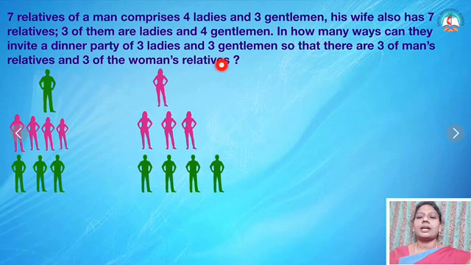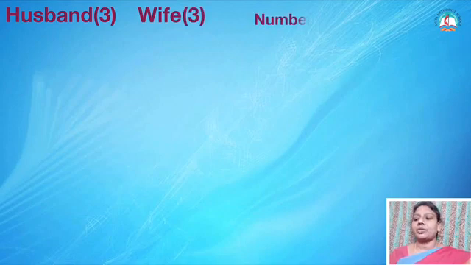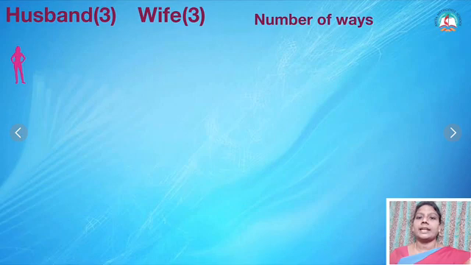Then what possibilities are we going to find out? Suppose the husband has to select only 3 persons, and similarly the wife also has to select 3 persons. The first possibility is that the husband selects all 3 being ladies.